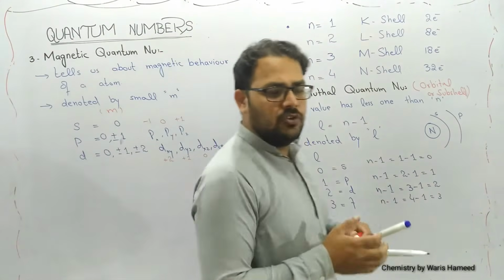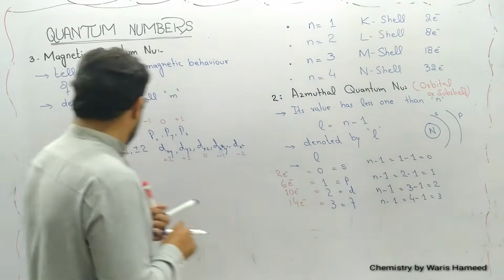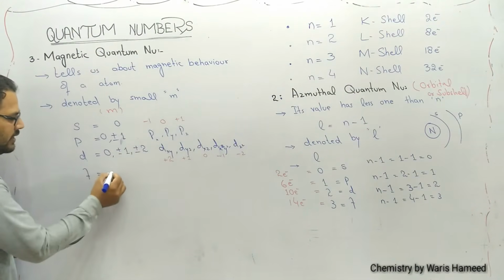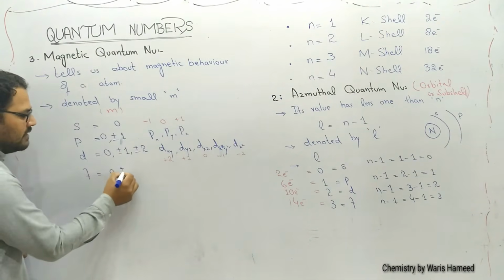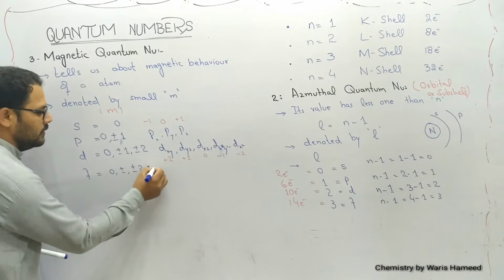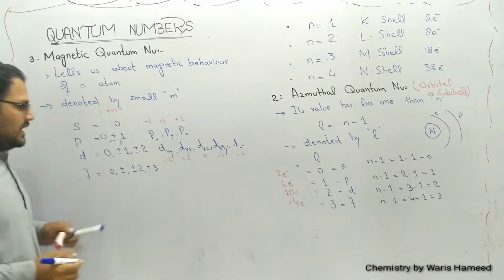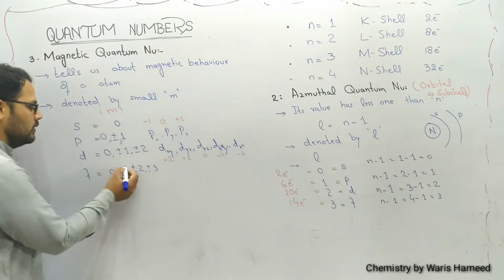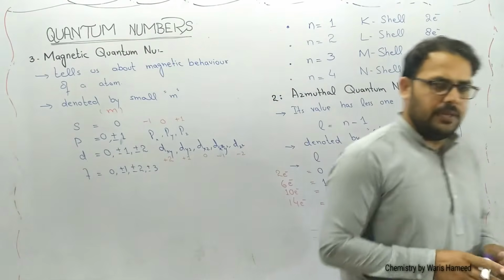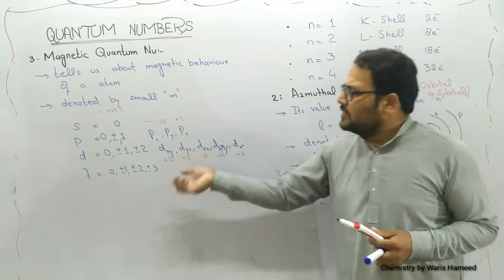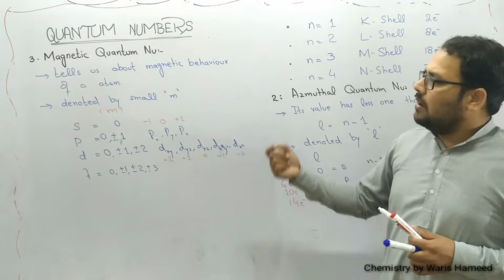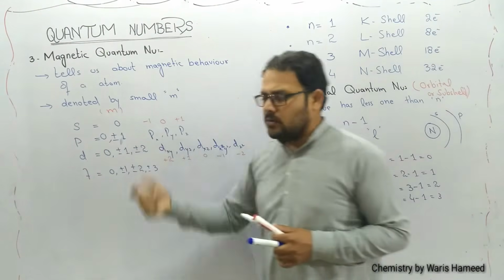D will have 5 values, and if we place an F orbital in a magnetic field, it will show 7 values: 0, plus minus 1, plus minus 2 and plus minus 3. We can find the magnetic behavior of an electron or atom from the magnetic quantum number.